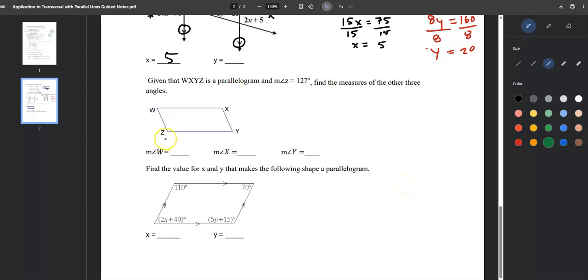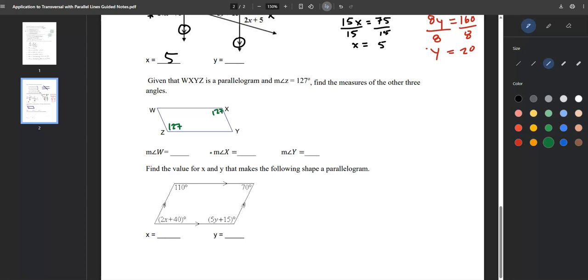So we talked about with parallelograms on the last video that angles opposite of each other are equal and angles that are right next to each other are supplementary. So if I have this angle as 127, that means that x has to be 127 as well. Okay, because of that rule that when you have opposite angles, they're going to be equal to each other.